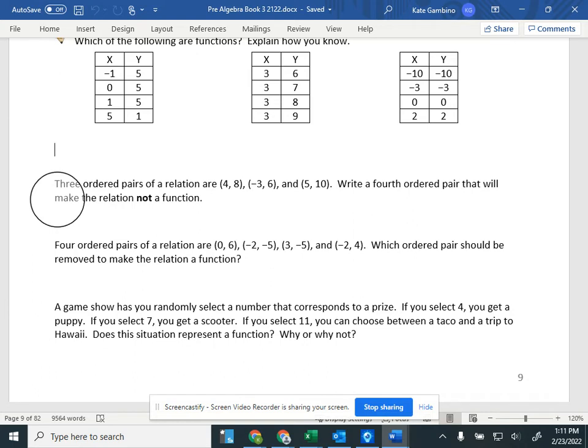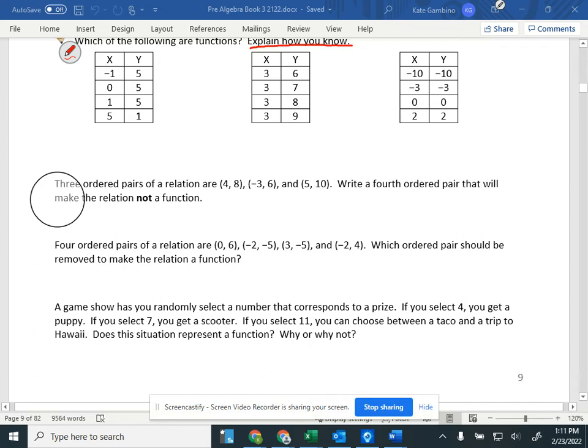Let's look at this first one together. Which of the following are functions? Explain how you know. How do you know it's a function or not a function? So if we look at our first function table, how do we know? What do you think, Sam?